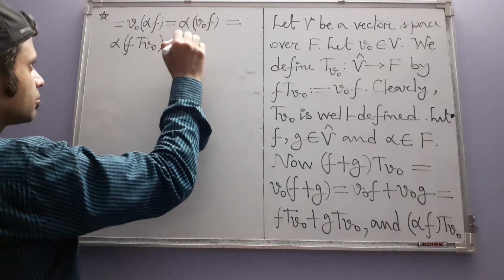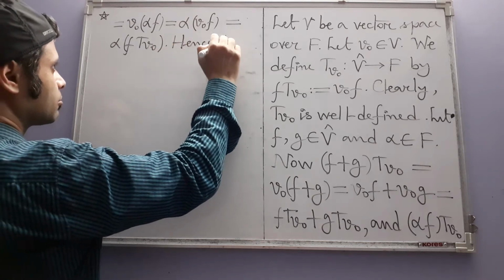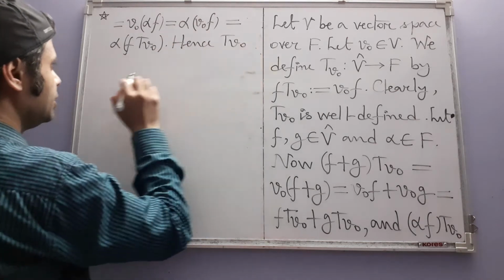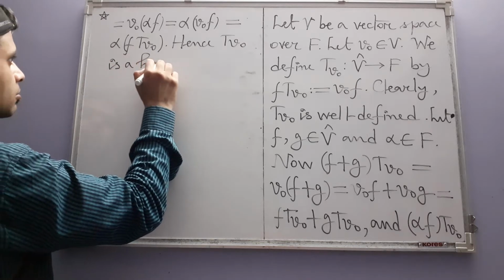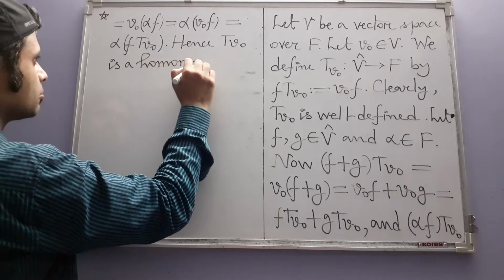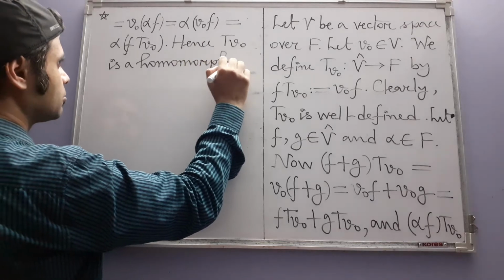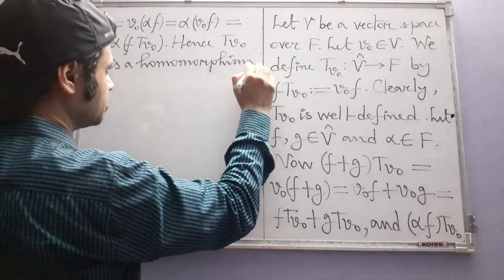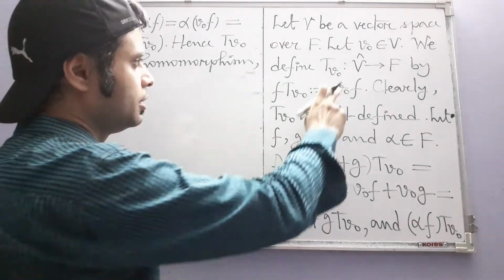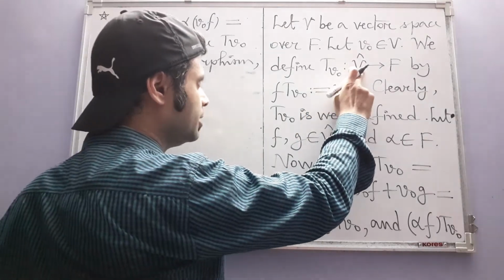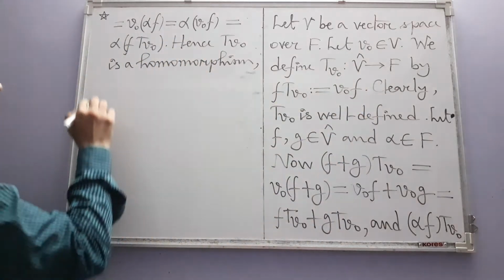Hence, t v naught is a homomorphism. But it's a homomorphism from what to what? It's a homomorphism from v hat into f.